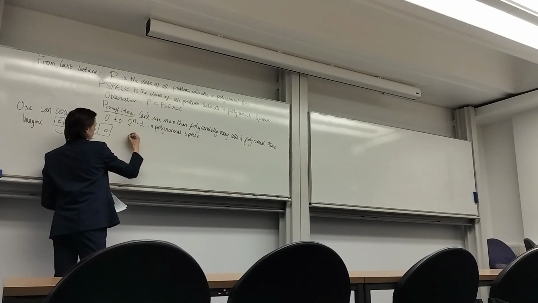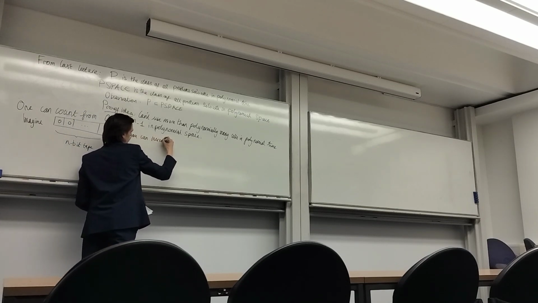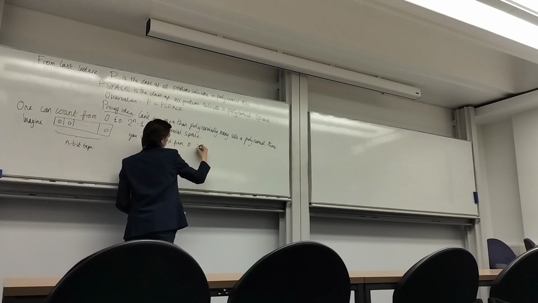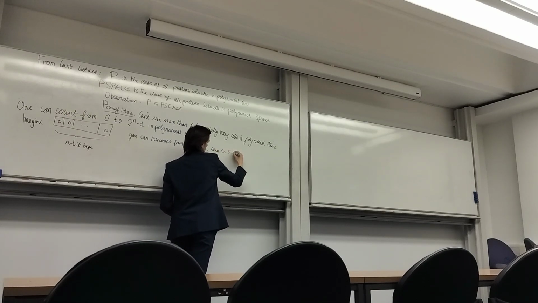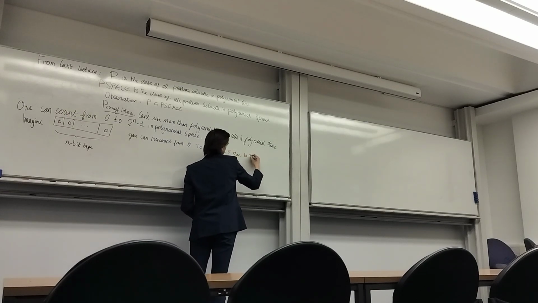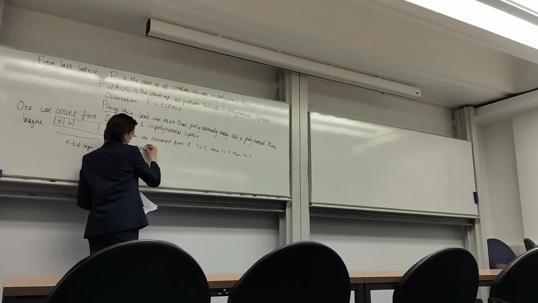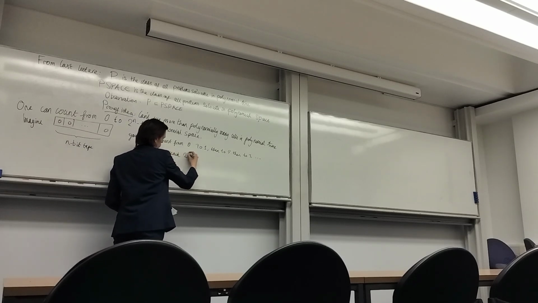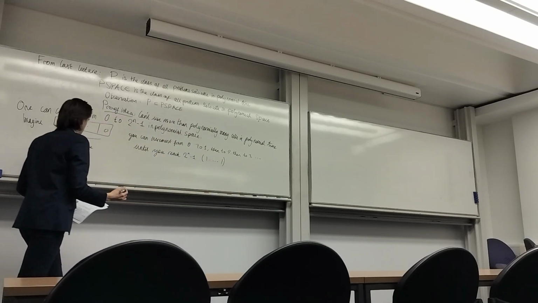So you can increment from 0 to 1, then to 2, then to 3, etc., until you reach 2 to the n minus 1. Like this is 1, 1, 1, 1, 1. I mean, it's pretty simple.